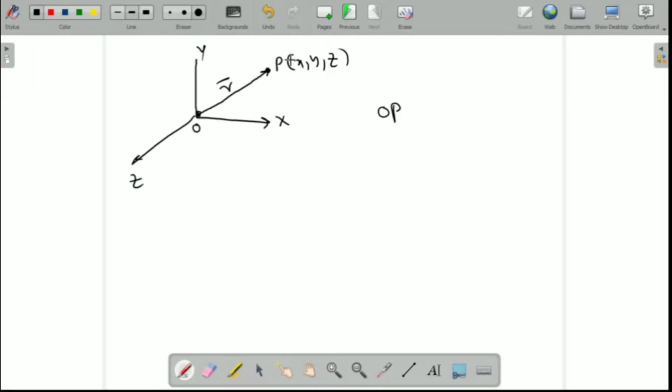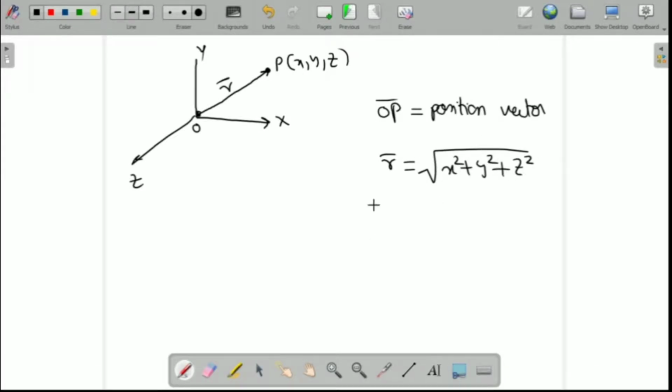The point represented with respect to the origin is known as a position vector. R is the magnitude, root of x square plus y square plus z square. Now let us consider another point Q here. Then OQ is its position vector.